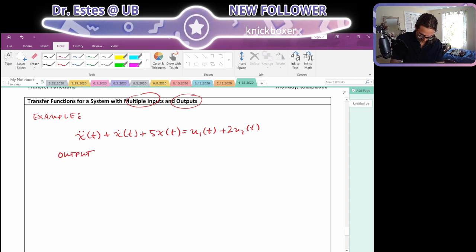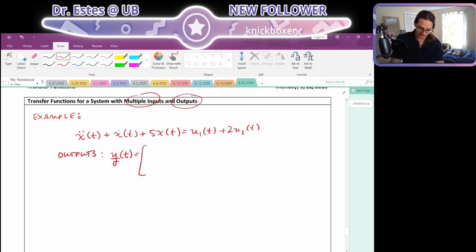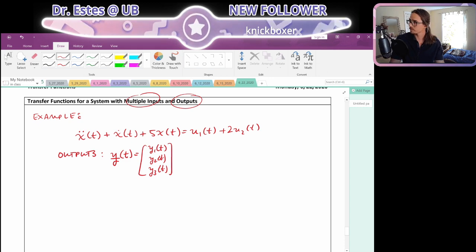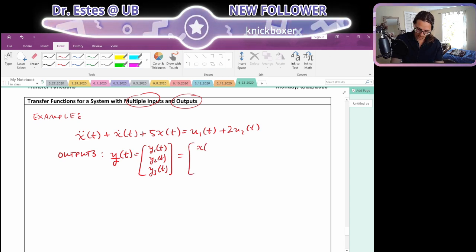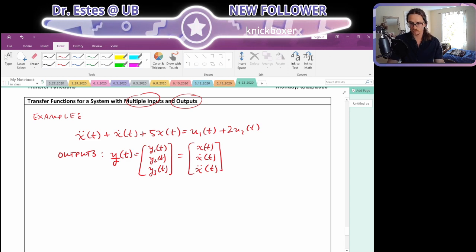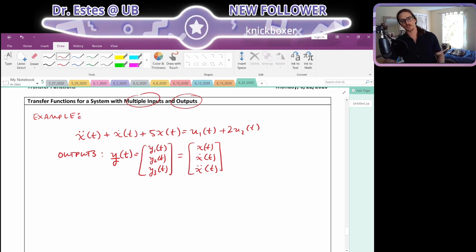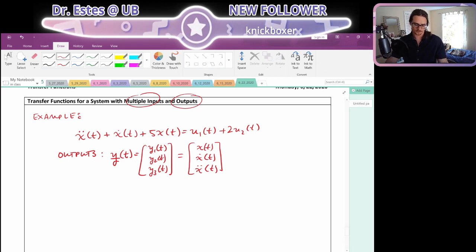Okay. So I'm going to call my outputs, so this will be my output vector, and there's going to be 3 of them. And let's have them equal to just these different derivatives of x.